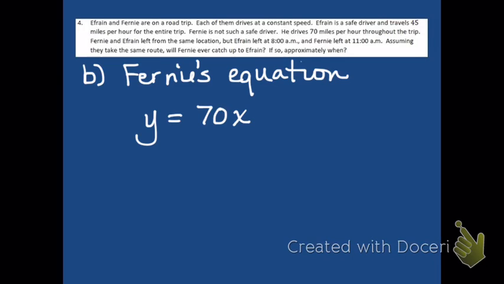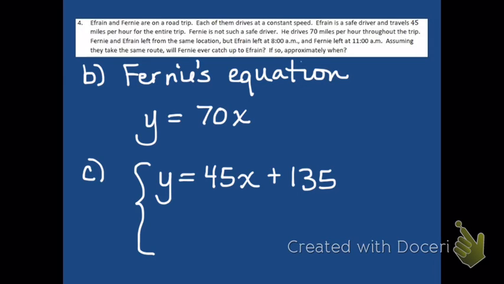Okay, so part C says to write this as a system of equations. So for part C, we're going to use the brackets, and we're going to write each equation within the brackets. The brackets tell us that in order to find a solution, it has to be true in both equations. So we're going to find an x-y pair, an ordered pair, that is true for both equations.